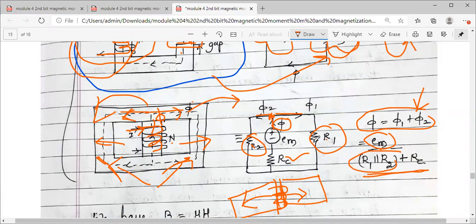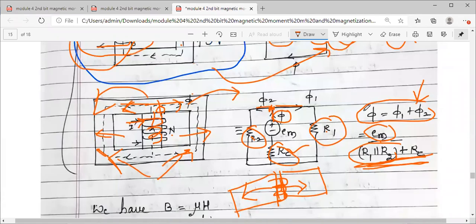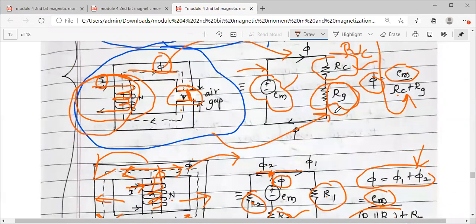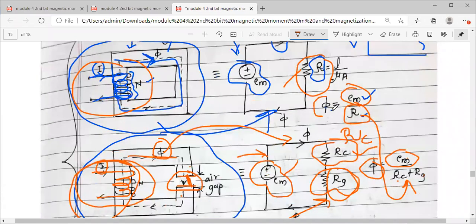So iska jo bhi answer aayega, that is in series with the core reluctance. So that is your total value. Okay, you try to analyze this, you are from the network theory background, try to get the equivalent value. So these are three magnetic circuits I have given you. For the first type, what is the equation for flux? Phi.